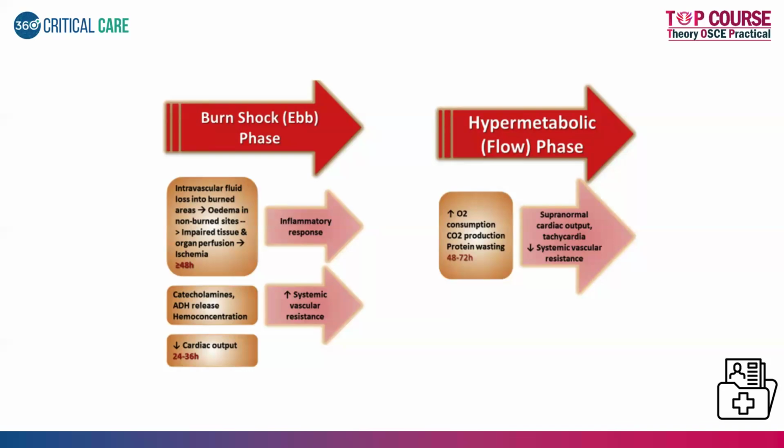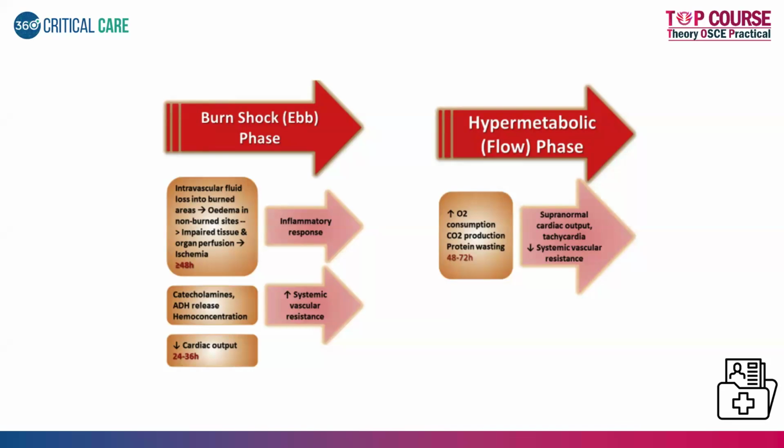In burn shock, that is the ebb phase, less than 48 hours, as a compensatory mechanism there will be a vasoconstricted state and an increase in systemic vascular resistance. Because of the inflammatory response, local or systemic, there will be some capillary leak, and because of this there will be loss of intravascular fluid.